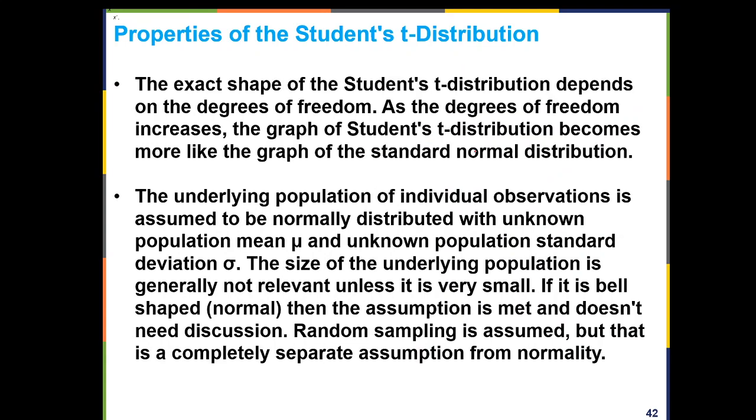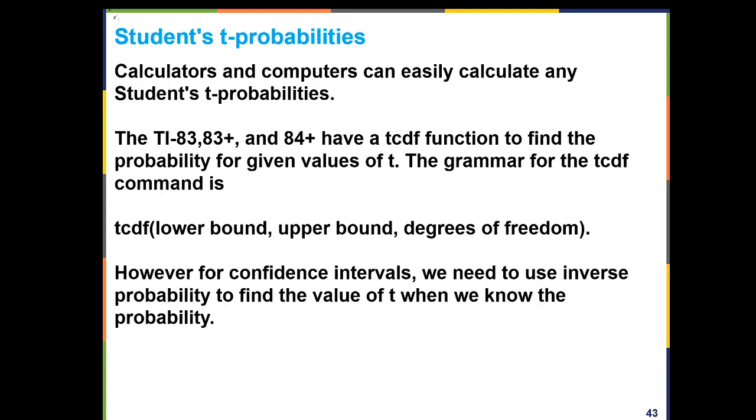All right, so let's see. How do we do this with the calculator? Remember with the z, if we have a Z distribution and we want to find the area between a number, let's say C and D right here, we could use normal CDF.